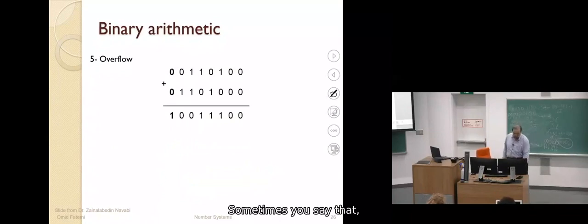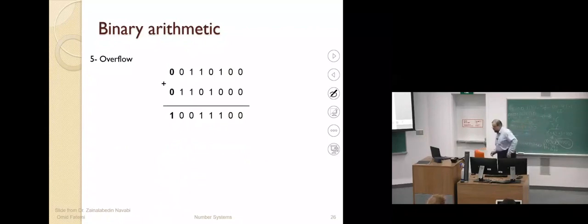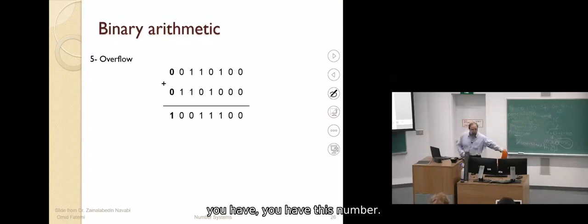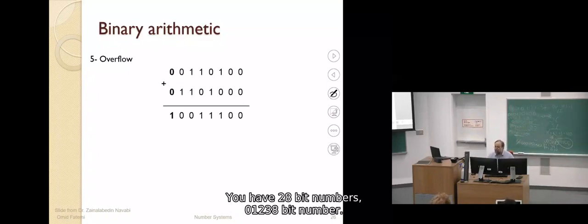Sometimes you say that, okay, I have 2 8-bit numbers. Let's say, for example, you have this number. Okay, this one is easy. You have 2 8-bit numbers. You want to add these two.